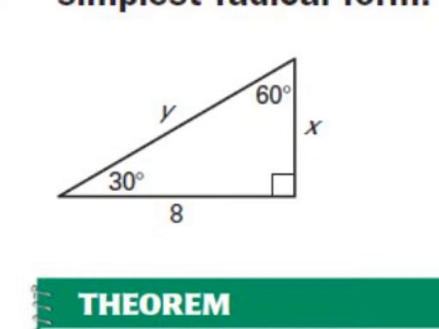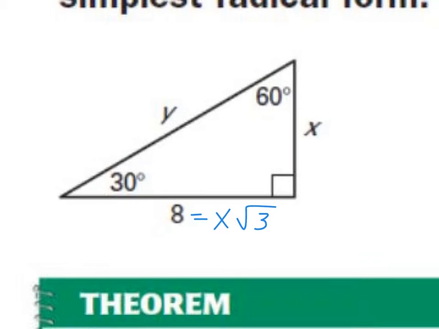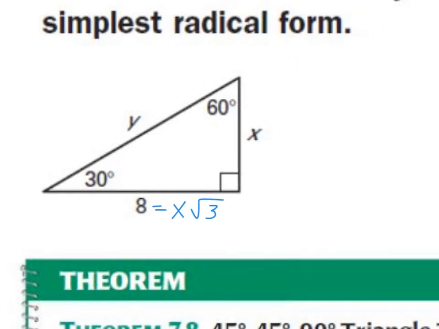Right now I have 8. Is that the x, x root 3, or the 2x? It's x root 3. Which makes this one a little bit more complicated because you have to solve for x here first. So we're going to take this and we need to solve this equation.